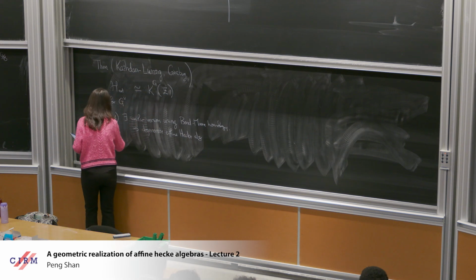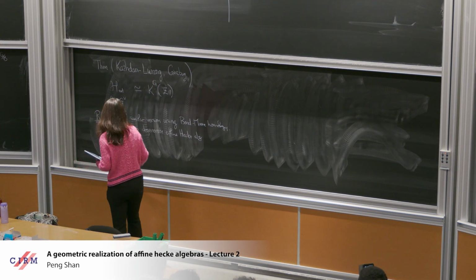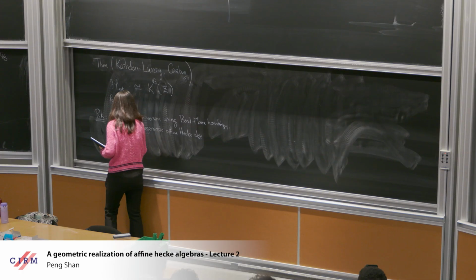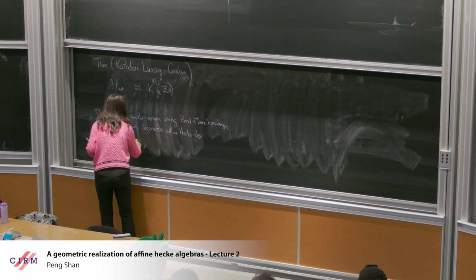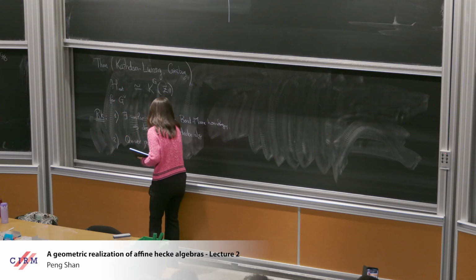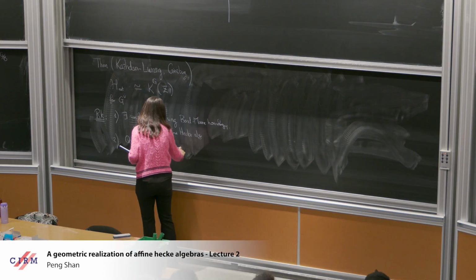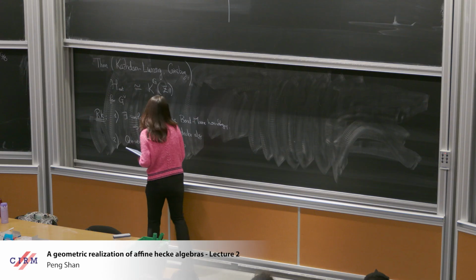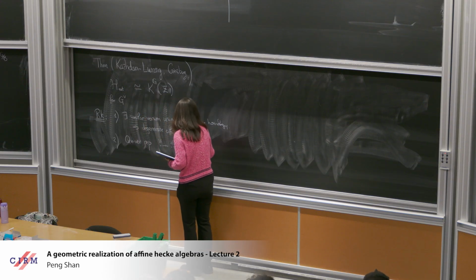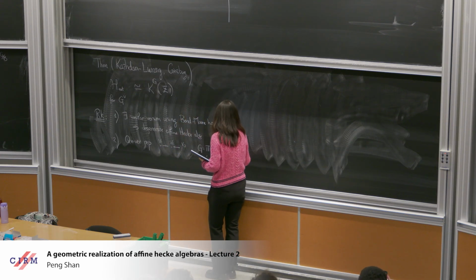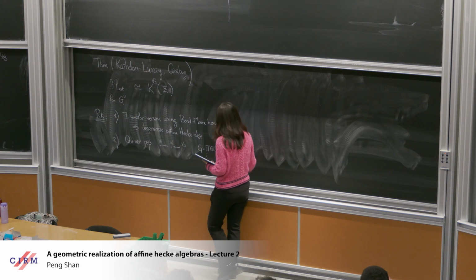And then there's also a version where you start with some quiver representation, where you have some quiver, and then you have some dimension vectors at each of the vertices. You can consider the group which is the product of GL of V_i acting on representations of this quiver with the corresponding dimension vector.